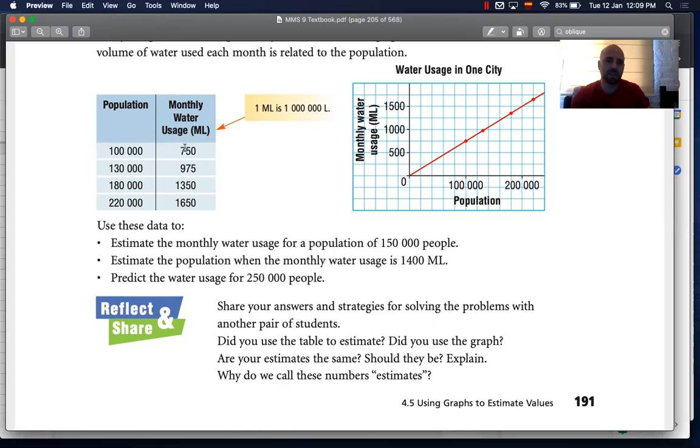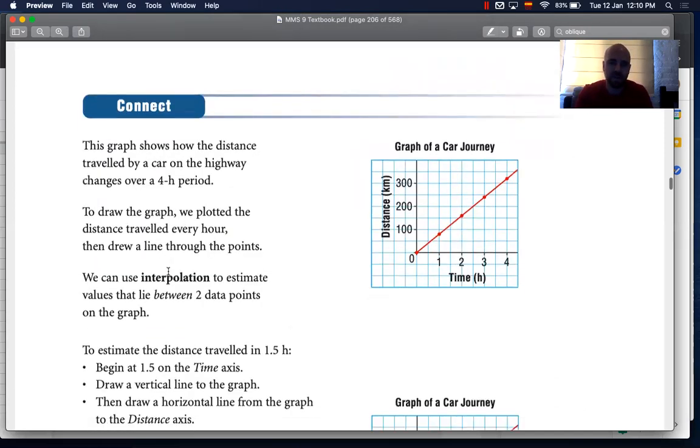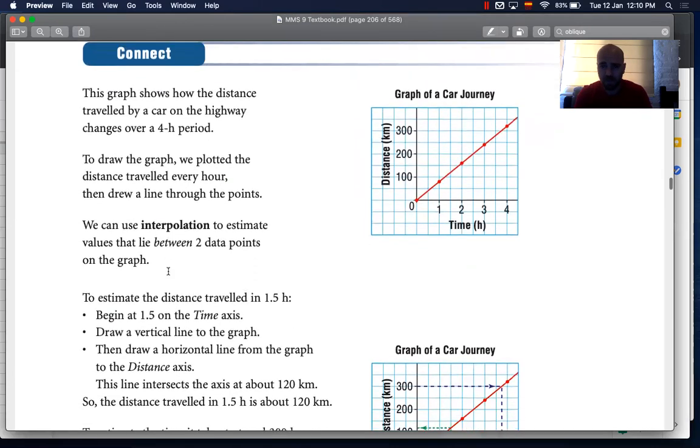What I can do is take my difference from 750 to 975, which is 225, and add that to this, because I need to add 30,000 to 220,000 to get to 250,000. So my answer would be somewhere close to 1,875 megaliters.